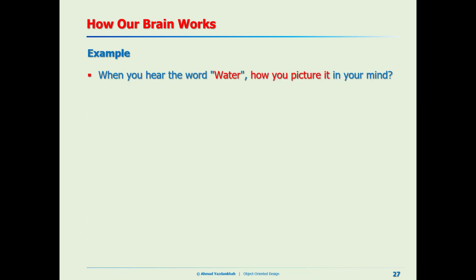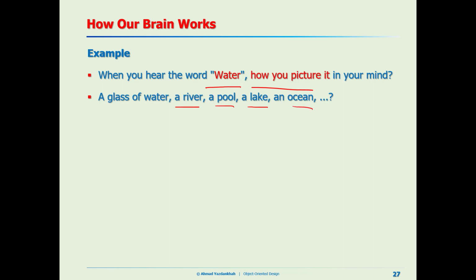Let me start this topic with a question. When I give you a word, let's say for example water, how can you picture that? Is this a glass of water? Is this a river, a pool, a lake, an ocean?